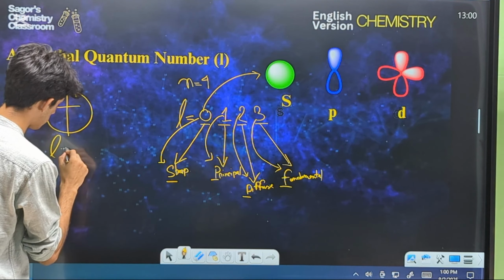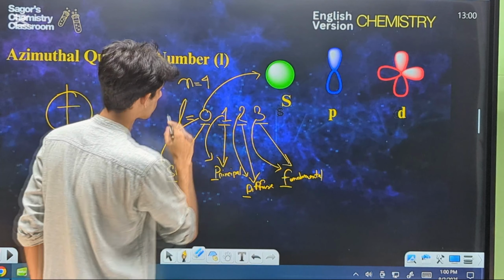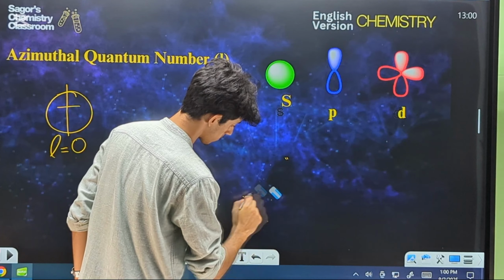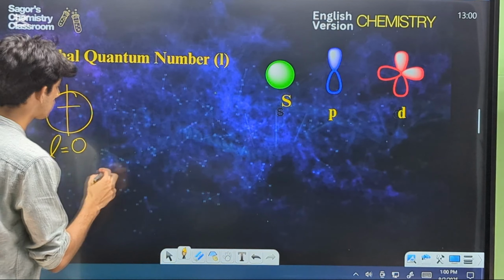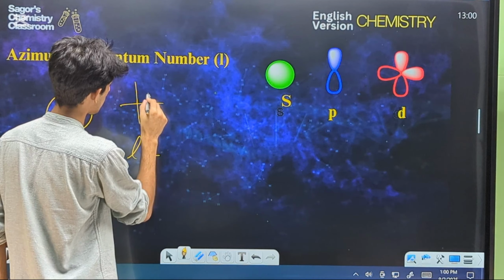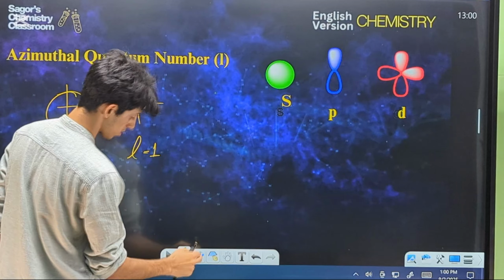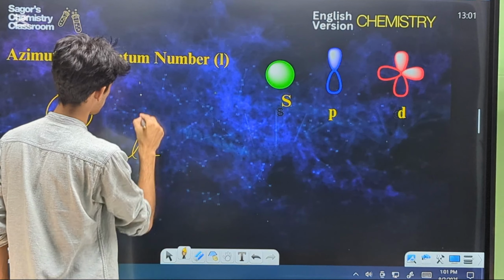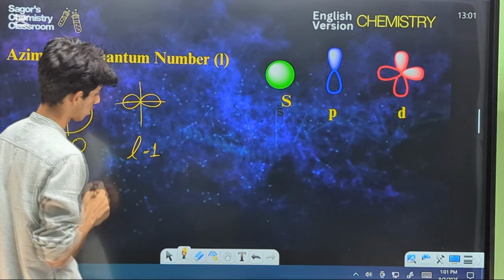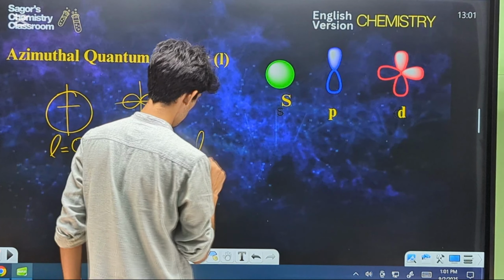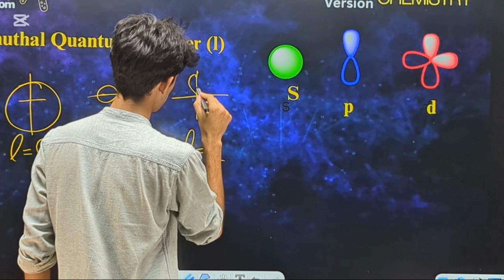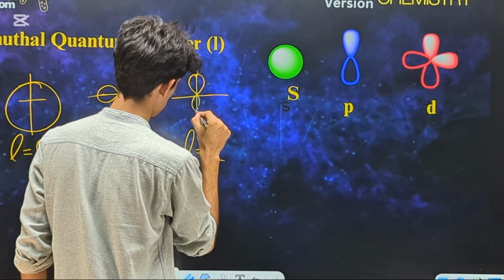For the value of L equals 1, the electron will rotate in a dumbbell shape. And for the value of L equals 2, the electron will rotate in a double dumbbell shape, like this.